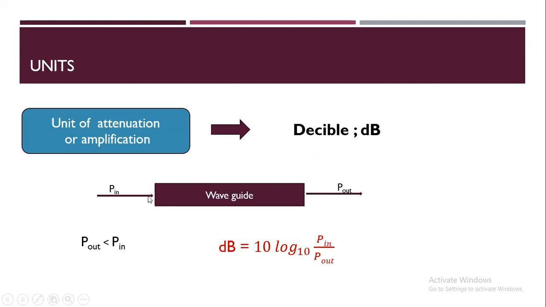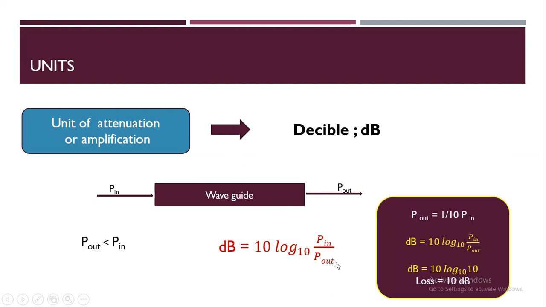If P in is the power coming in and P out is the power coming out, we calculate in dB as 10 log 10 of P in by P out. If the output power is 10 times less than the input power, then our loss is 10 dB. That's how we calculate the loss.